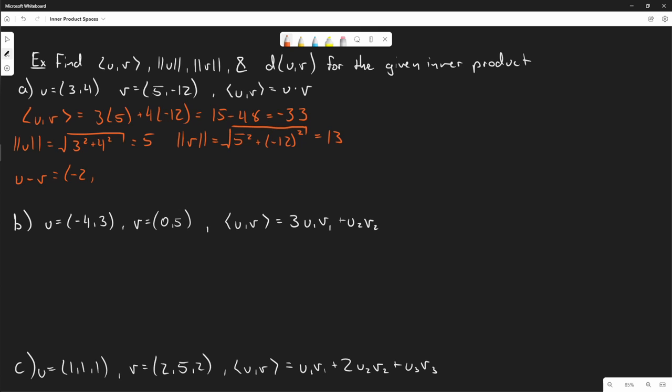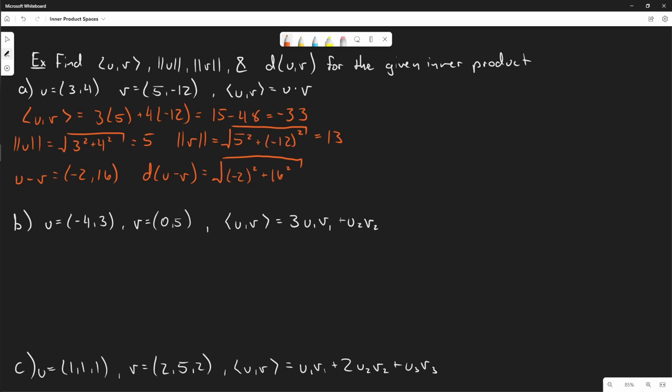-2, and what's 12 plus 4? 16. Yes, let's just assume that it is 16. So the distance between them will simply be the square root of -2 squared plus 16 squared.